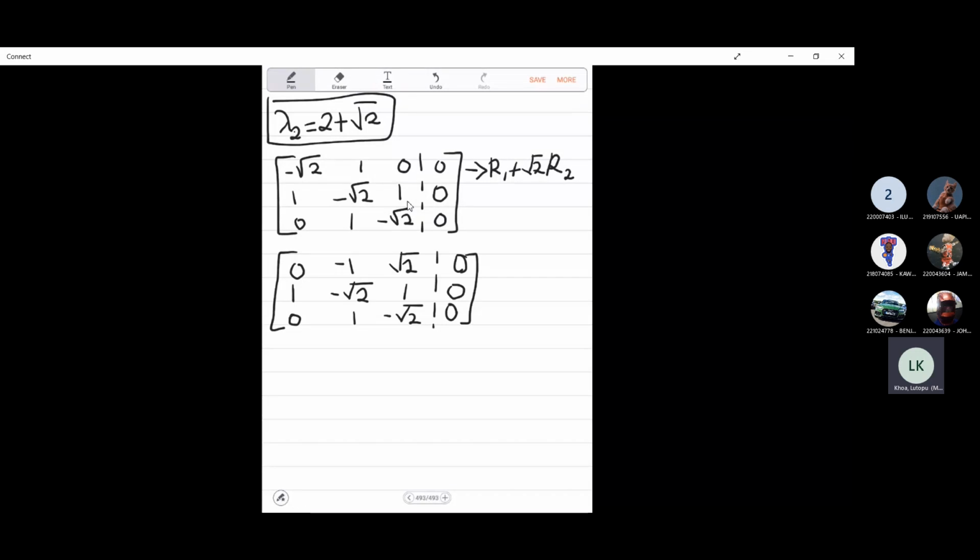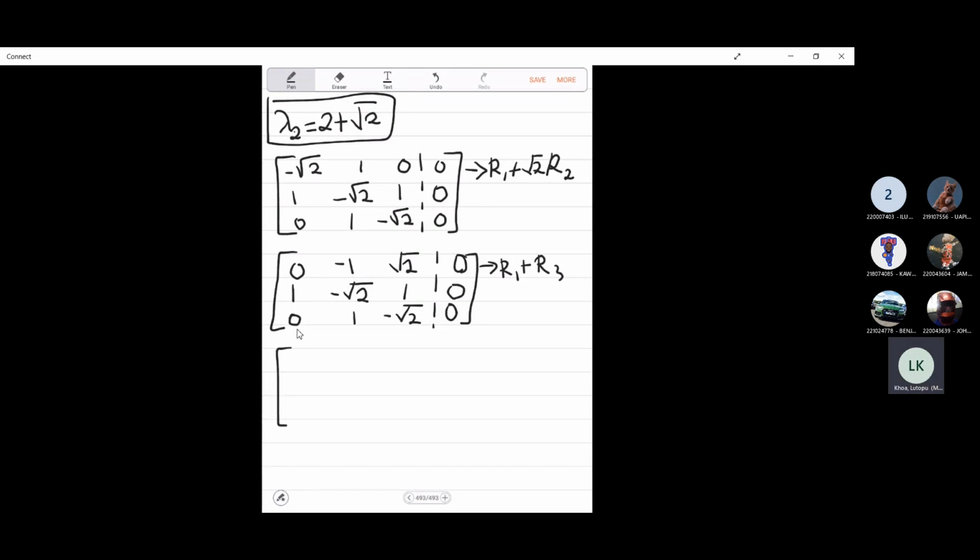Okay, then I see that I can make this one here a 0 just by adding row 3 to row 1. So here, say row 3, row 1 plus row 3.